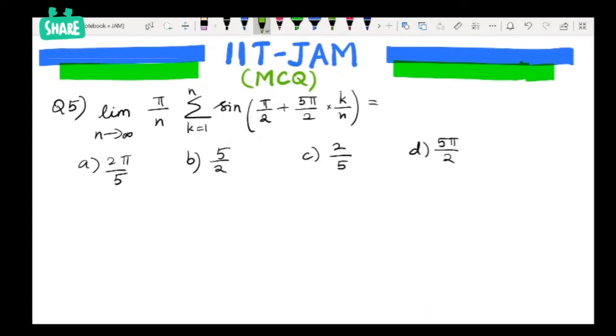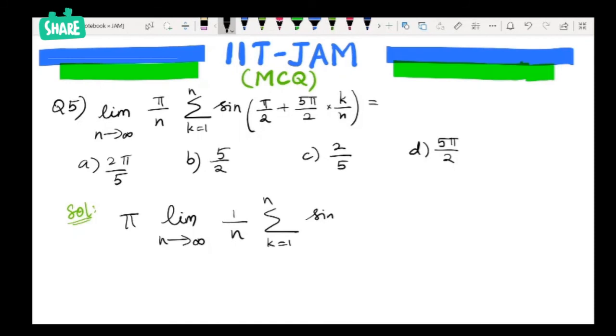Okay, the next question, we have a series, an infinite series. We need to find its value. So let me take pi outside because it's constant. Limit n tends to infinity, 1 by n, sum from k equal to 1 to n, sine of pi by 2 plus 5 pi by 2, k by n, multiplied by k by n.